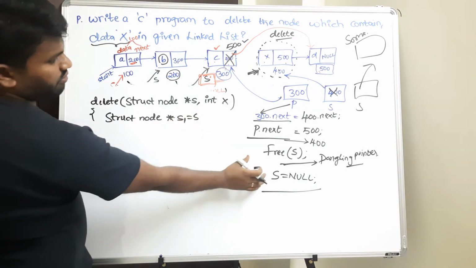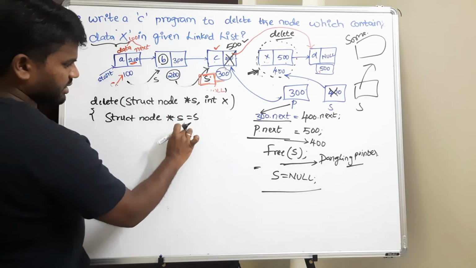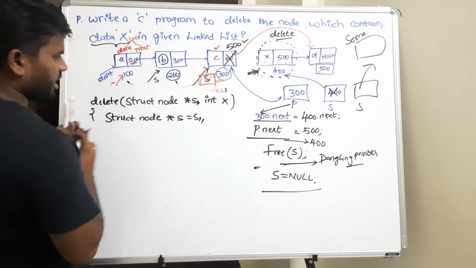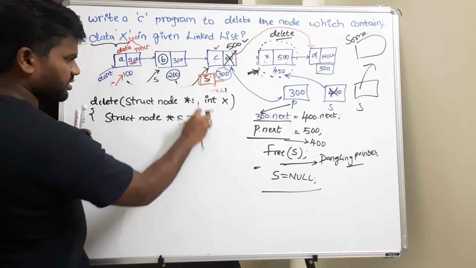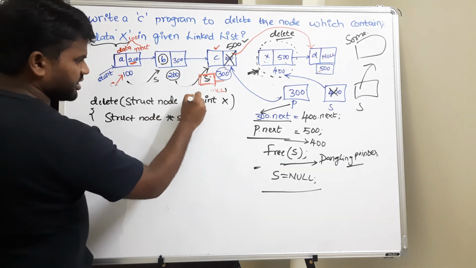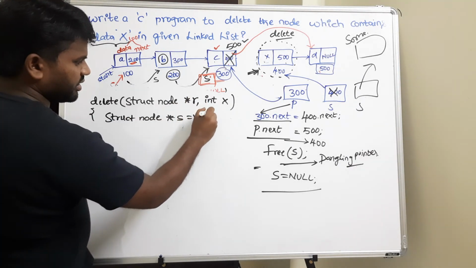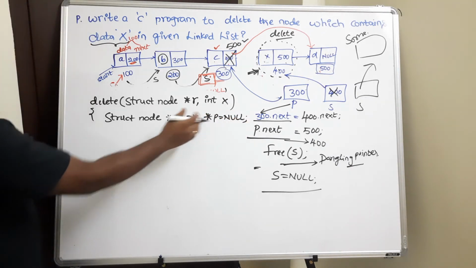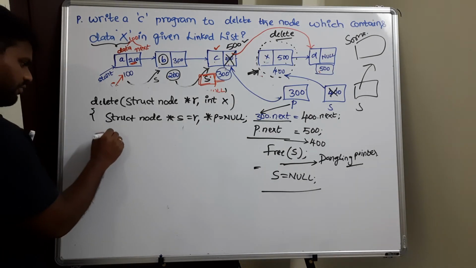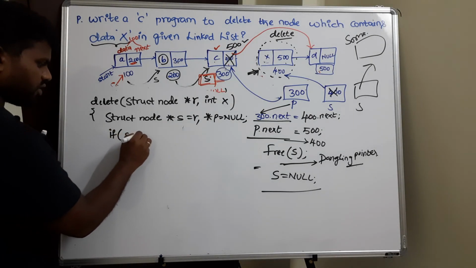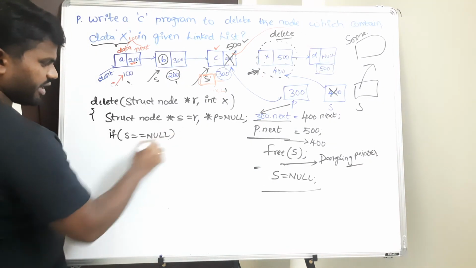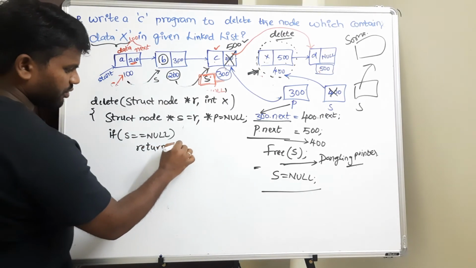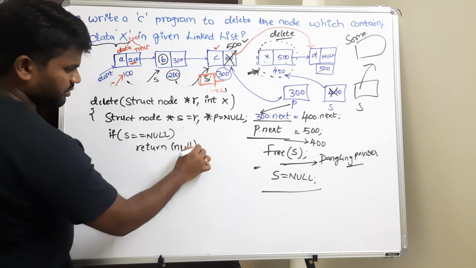Till now we talked about s, so we'll consider that as s and this coming node as s1. Or you can consider it simply as root node, and star p we have talked about earlier. If s equal to null, if it is not pointing to anything, then just return empty node, that means null.